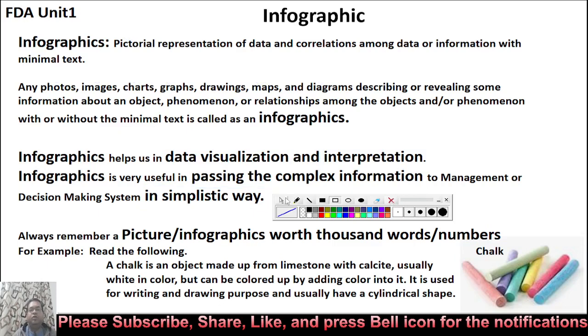So that's why infographics is very essential when we want to explain qualitative as well as quantitative data. Infographics plays a very important role in qualitative and quantitative data explanation.